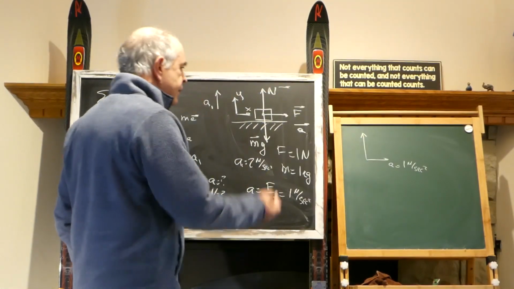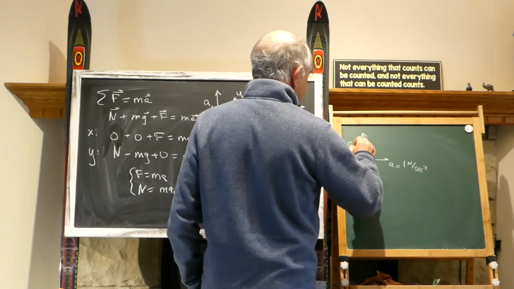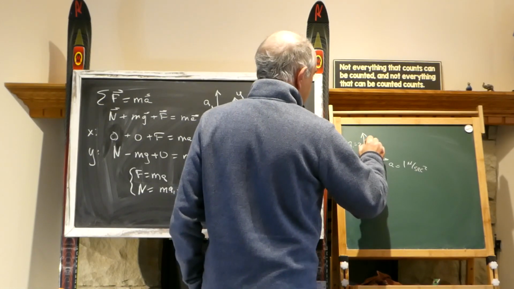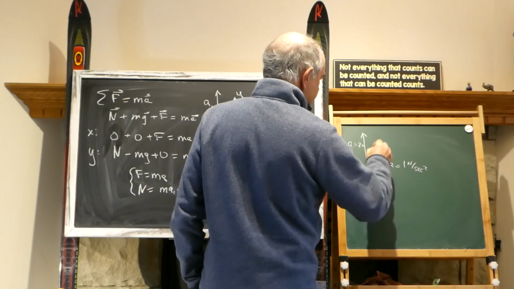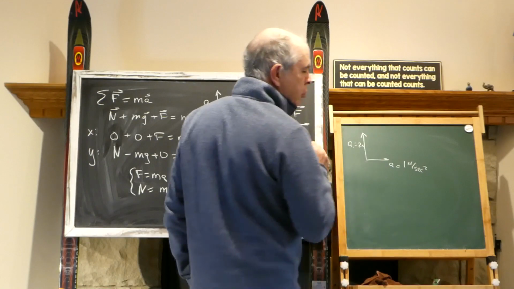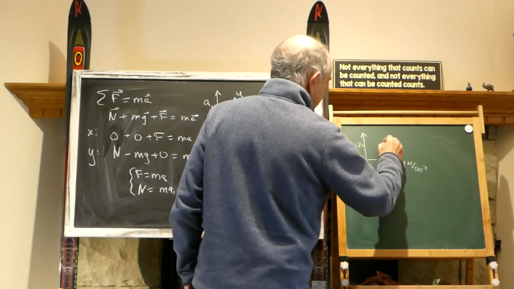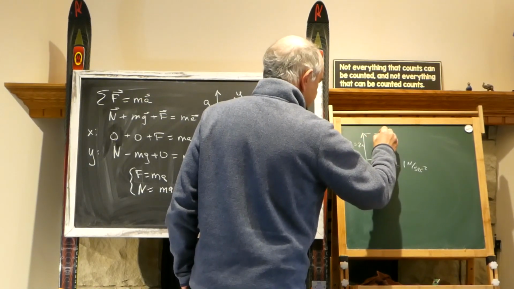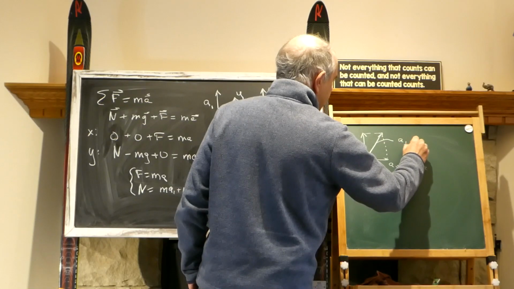The lift is accelerating up, and this is a1, and a1 is 2 meters per second squared, so I draw it twice as long. So actually the total acceleration will be the sum of those two vectors. And this vector is a total.